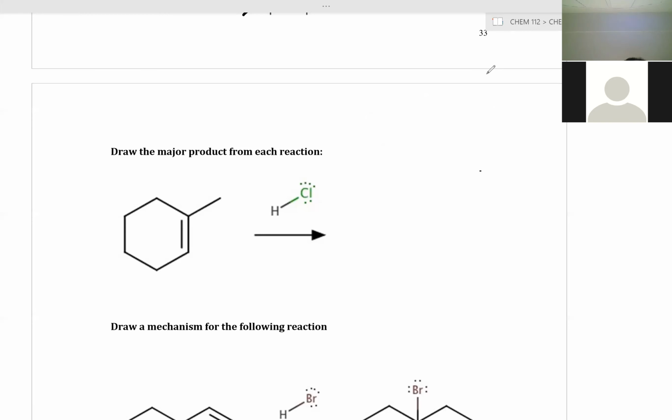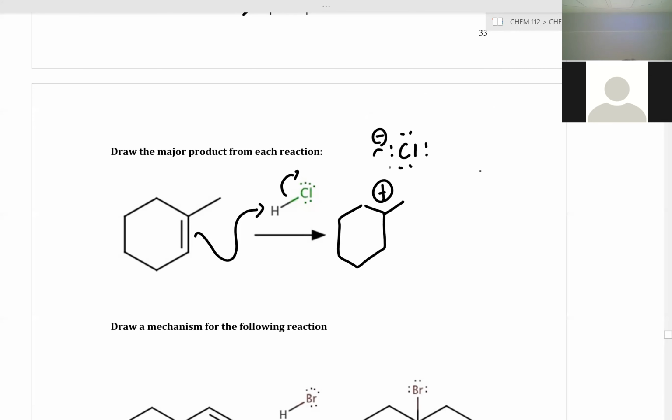Mechanistically, I always like to think about things from the perspective of mechanism arrow pushing. First things first, our alkene attacks and gets protonated. We generate our carbocation intermediate. Our halogen then attacks at the carbocation site.